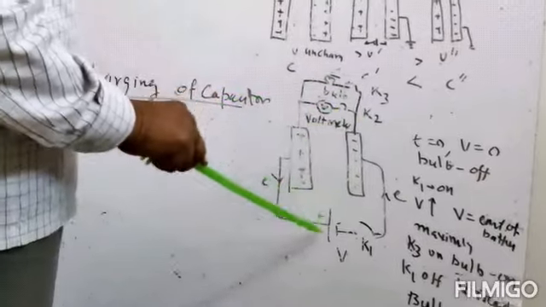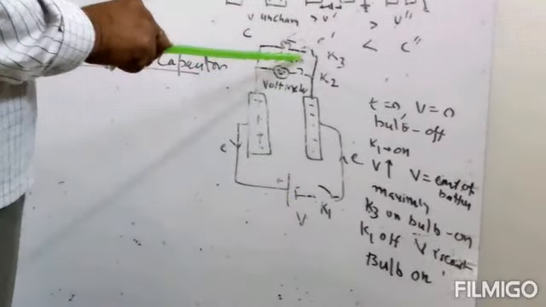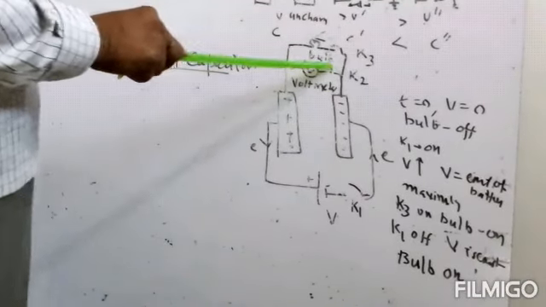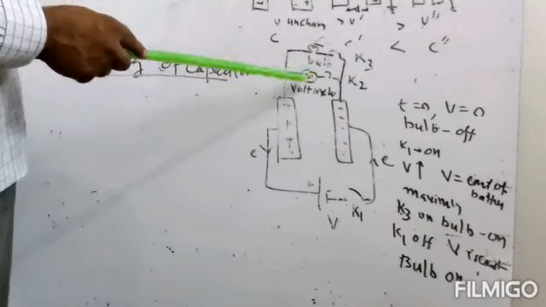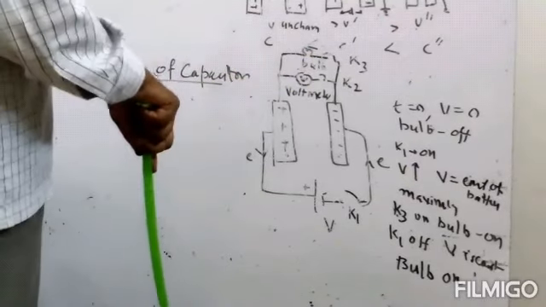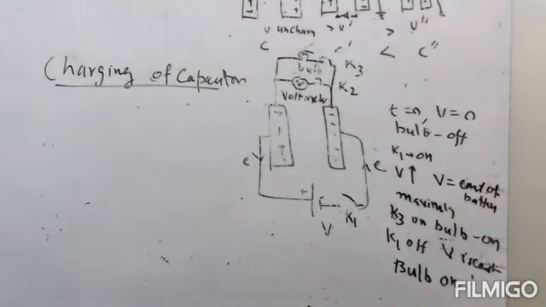Then if we disconnect the key, the voltmeter will give the same potential difference as when it was on, and the bulb will glow. So in this way we can charge the capacitor.